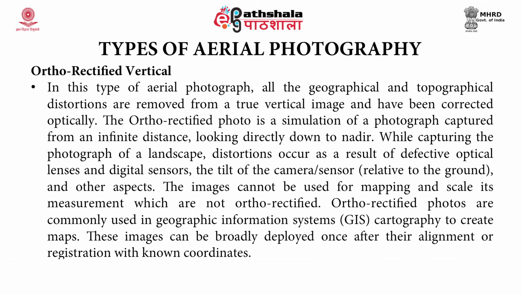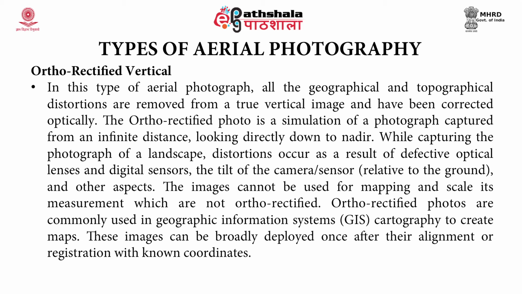The next category is the orthorectified vertical aerial photograph. In this type of aerial photograph, all the geographical and topographical distortions are removed from a true vertical image and have been corrected optically. The orthorectified photo is a simulation of a photograph captured from an infinite distance looking directly down at nadir.